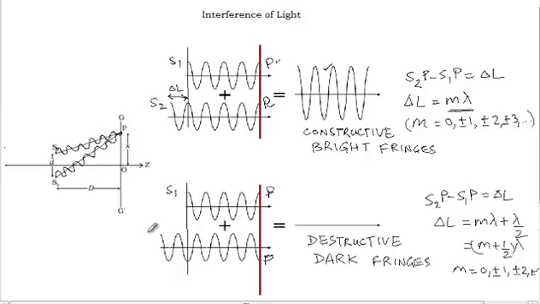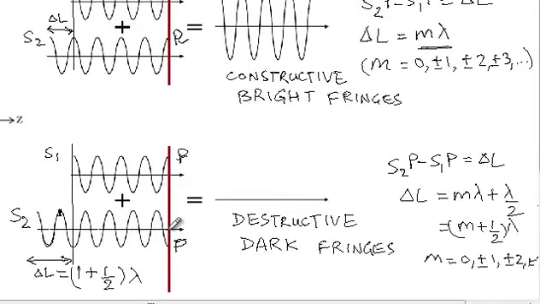Waves that leave S1 and S2 are in phase with each other, but since they are traveling different distances, a phase difference has been introduced between them, and this path length difference delta L over here is a full wave plus half a wave more. Hence the two waves are meeting out of phase at a point P on the screen, where you get destructive interference or a dark fringe.